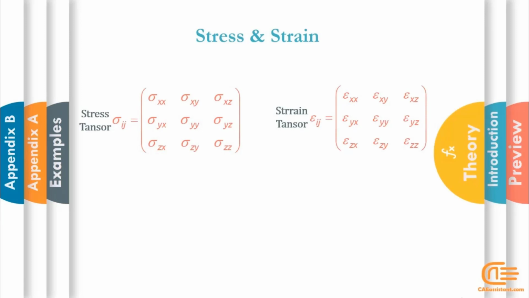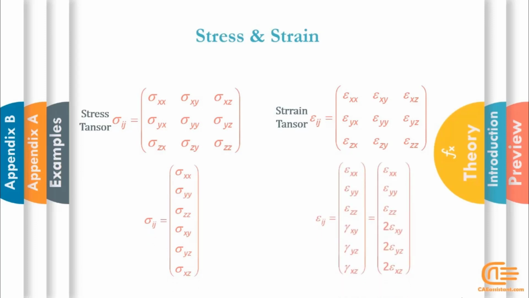So the stress and strain vectors are expressed as these, where gamma ij is the engineering shear strain and is equal to 2 times epsilon ij. This engineering shear strain is one of the differences between writing UMAT and VUMAT subroutines, which we'll cover later.